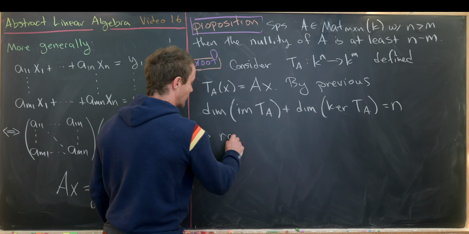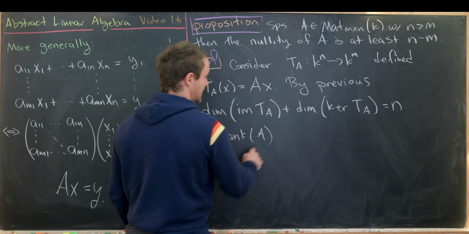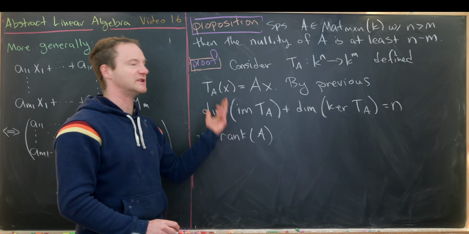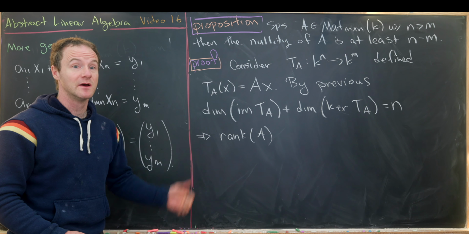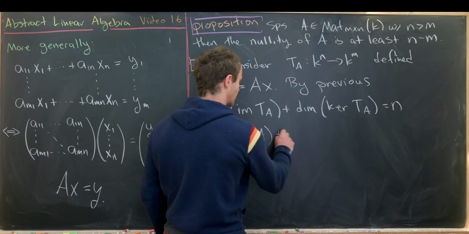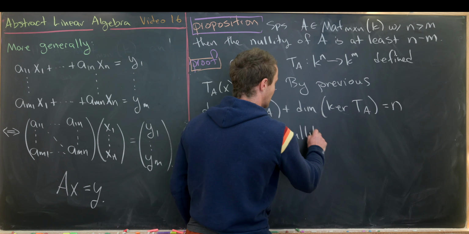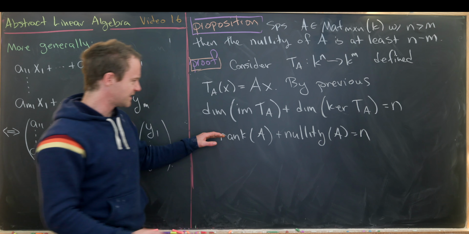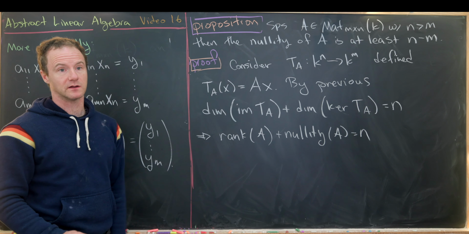So this is the rank of A, but then the dimension of the kernel of this linear transformation is just the dimension of the null space of the matrix A by how we defined this linear transformation. So we have the rank of A plus the nullity of A is equal to n. And I think this is the proper statement for the rank-nullity theorem.